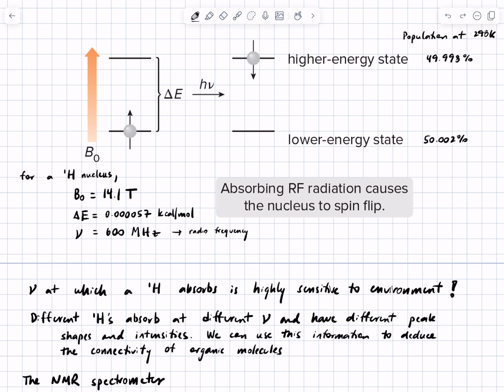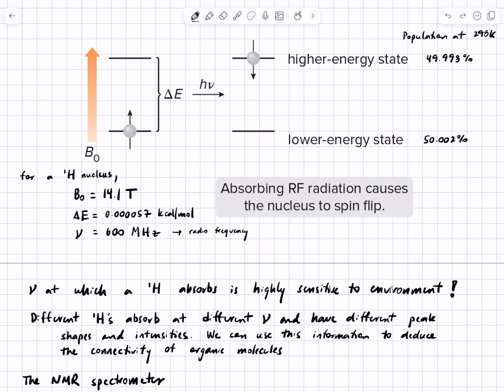In addition, we're going to get a spectrum that shows which frequencies are absorbed for a given sample, and there will be peaks in that spectrum that correspond to different kinds of protons. And the shape and the size of those peaks is going to tell us a lot about the connectivity of the organic molecule.